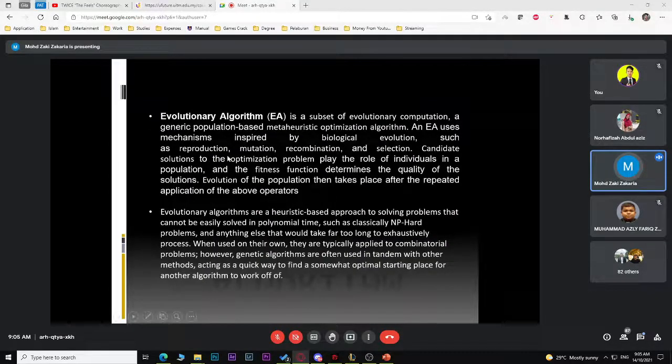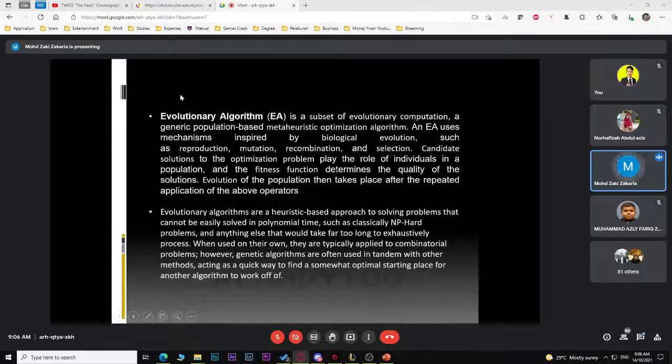EA is a subset of evolutionary computing, a generic population-based metaheuristic optimization algorithm. EA uses mechanisms inspired by biological evolution, such as reproduction, mutation, and so on. Then after that, candidate solutions are determined by the fitness function, the quality of the solution, and so on.